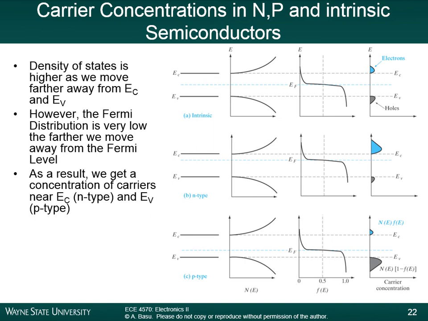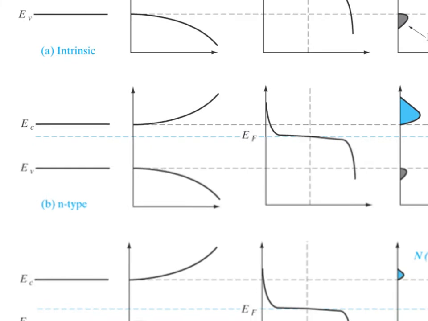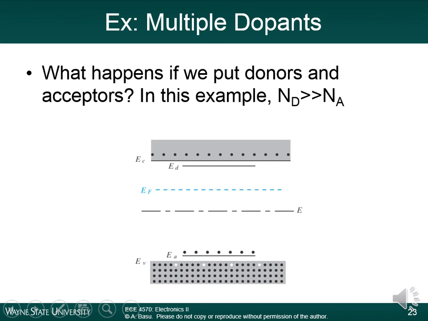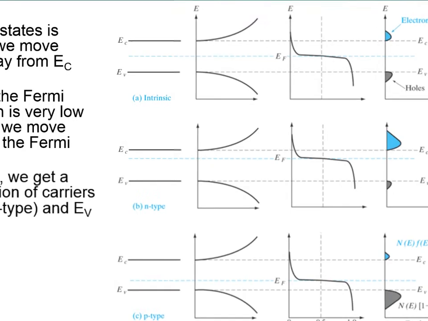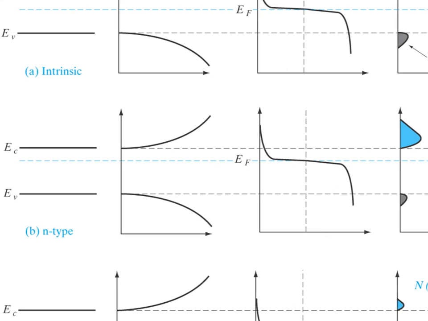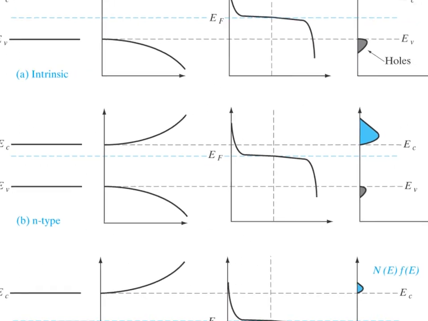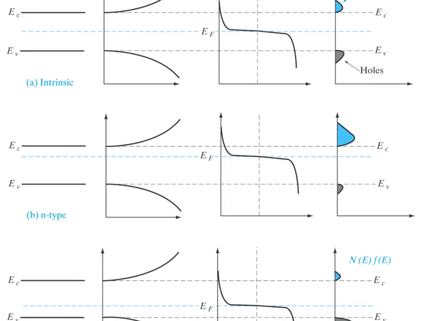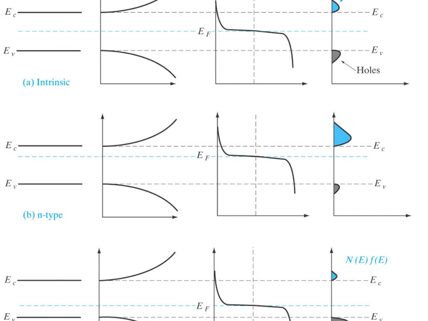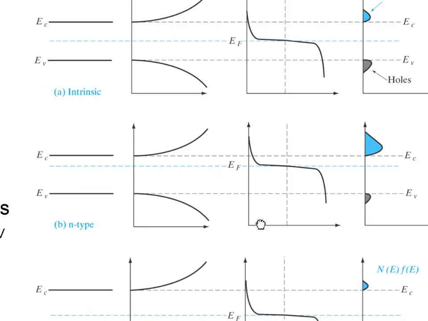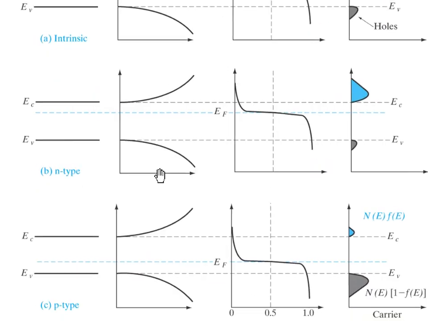All right, so now moving on for an N-type semiconductor. This is what it looks like. This is the energy band diagram here on the right. So for the N-type semiconductor, the Fermi level is close to the conduction band.